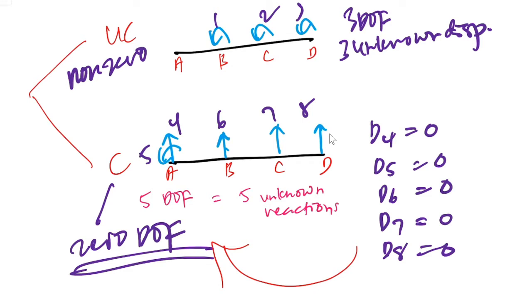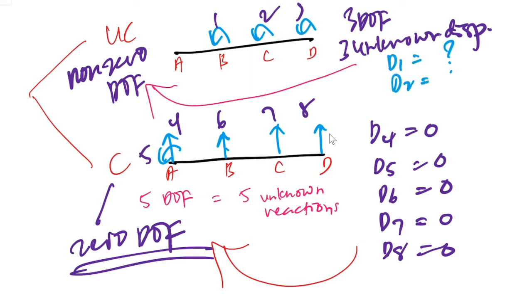So non-zero degree of freedom actually belongs to unconstrained. In unconstrained, the unknown displacements are the non-zero degrees of freedom, labeled D1, D2 and D3.